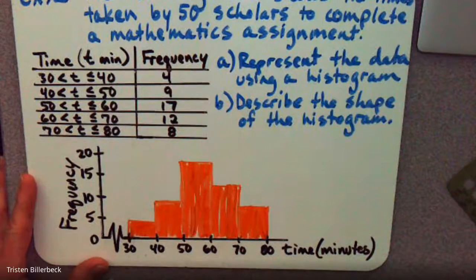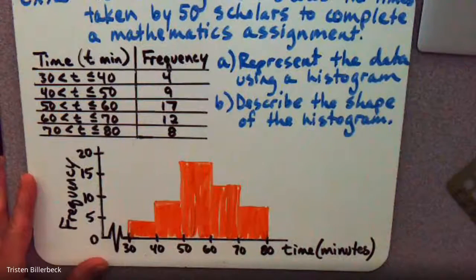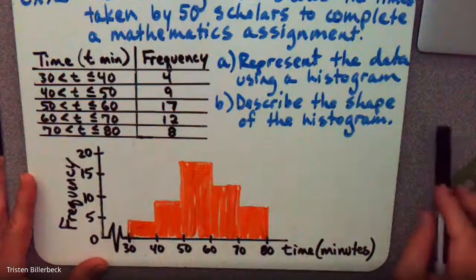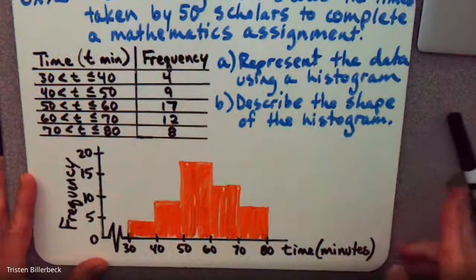So this is a very informative tool for a teacher to use to plan out, well, how long should I give the scholars for this math assignment? So it helps the teacher plan the time allotted for lessons and for independent work.